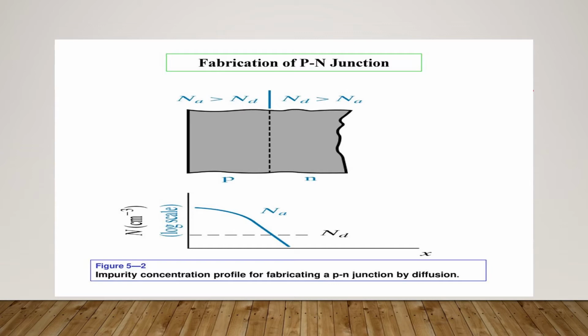You apply this temperature in a diffusion furnace, generally using a gas or vapor source, and you will use the same horizontal furnace. Yesterday we discussed two types of furnace, the horizontal furnace and the vertical furnace. You will use the same furnace which you used for thermal oxidation.